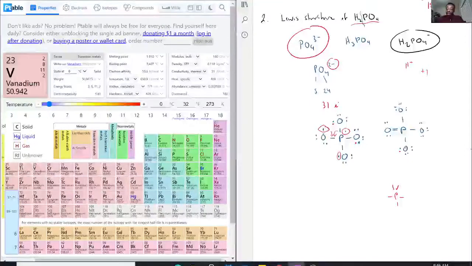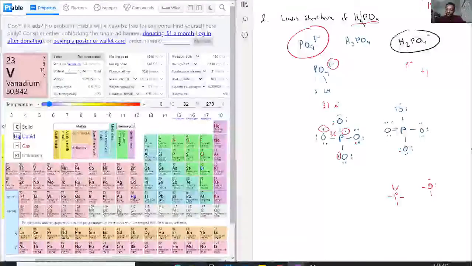Oxygen, on the other hand, is normal because it has 6 valence electrons. It's like that: 2 lone pairs and 2 bonds, which is what happens here. So that one has a formal charge of 0. But these 3 oxygens instead have 1 lone pair and 3 bonds.